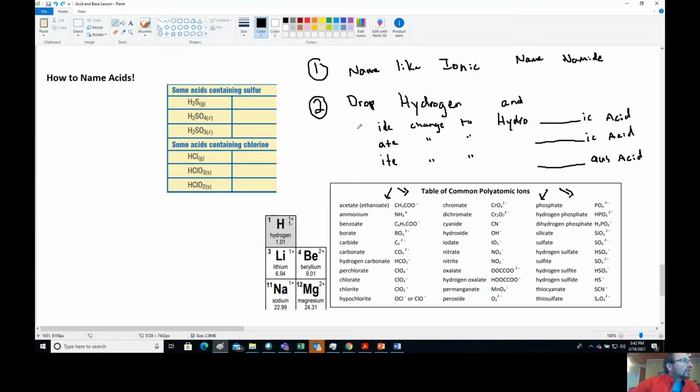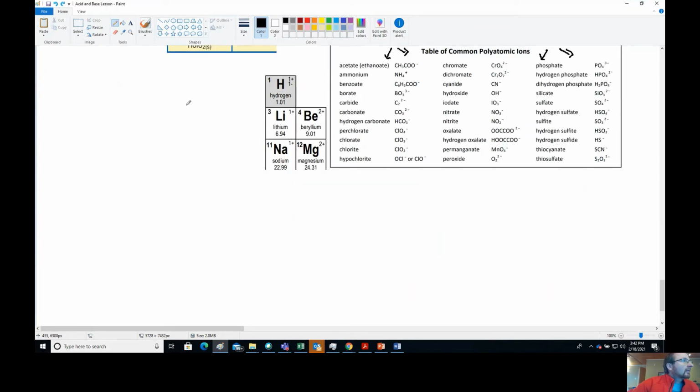Okay, so let's scroll down right here. I got enough room. Okay, H2S as a gas. Hey, hydrogen. So name it like an ionic compound. So you just say its name, hydrogen sulfide. Okay, interesting. So what about this next one?